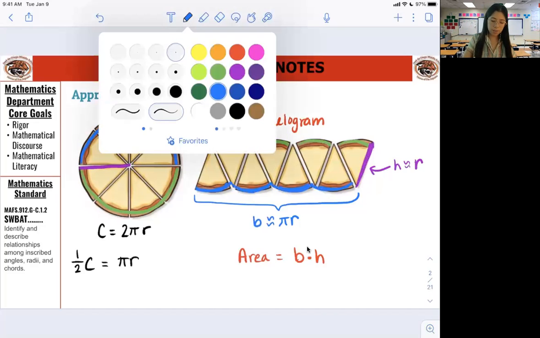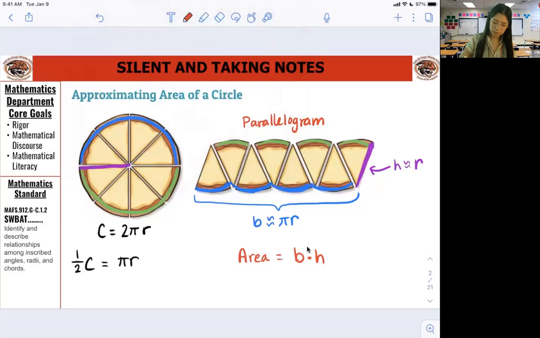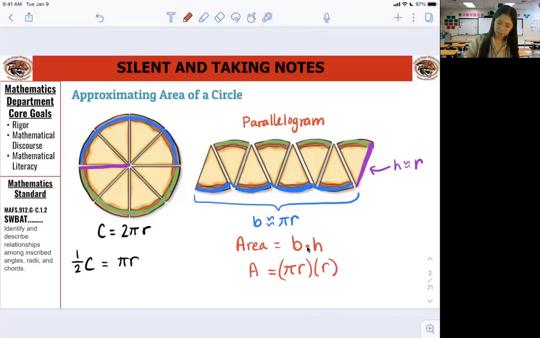So if I plug that into the area formula, I would get pi r times r. What does that leave me with? What do I get? I get pi r squared.